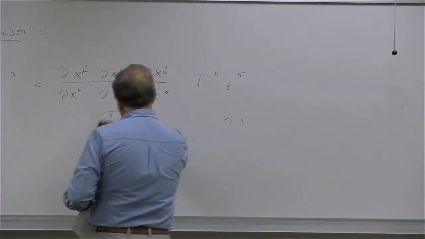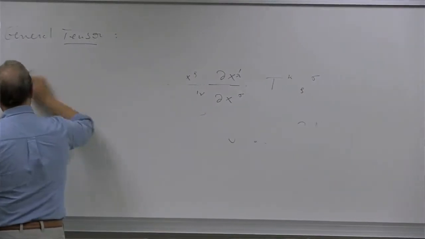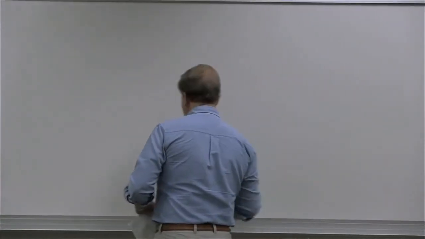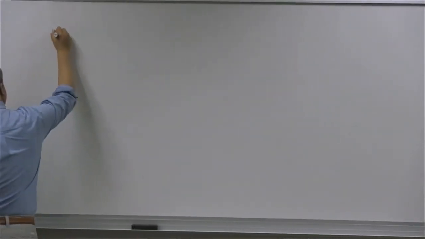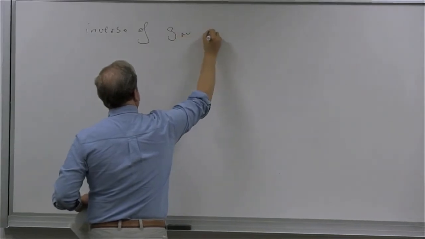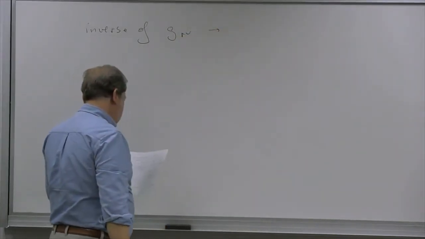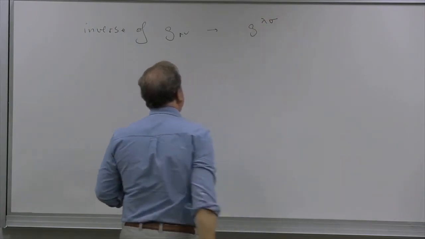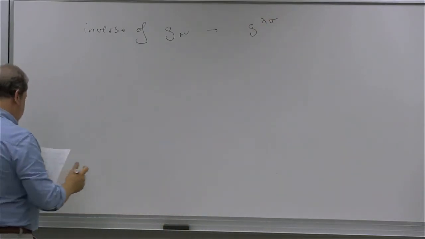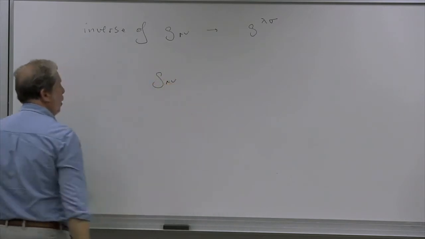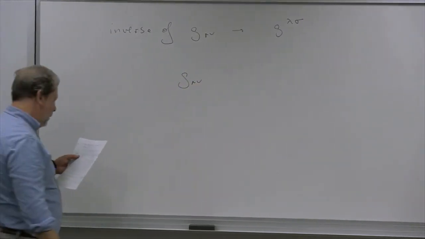Another object that we introduced was the inverse of g mu nu, with indices upstairs, which we called g lambda sigma. And the relationship we had was that when we took g mu lambda and multiplied by the inverse g lambda nu, we got the identity.